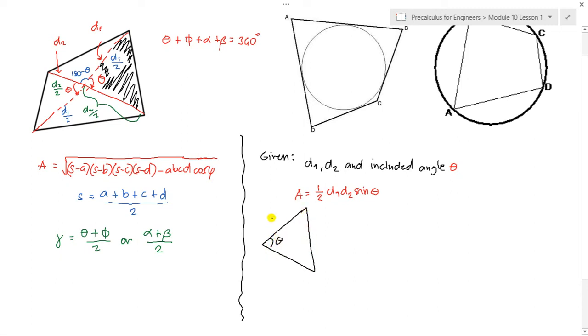This one is theta, this one is d1 over 2, and the other side is d2 over 2. Now, this is a triangle given two sides and the included angle.